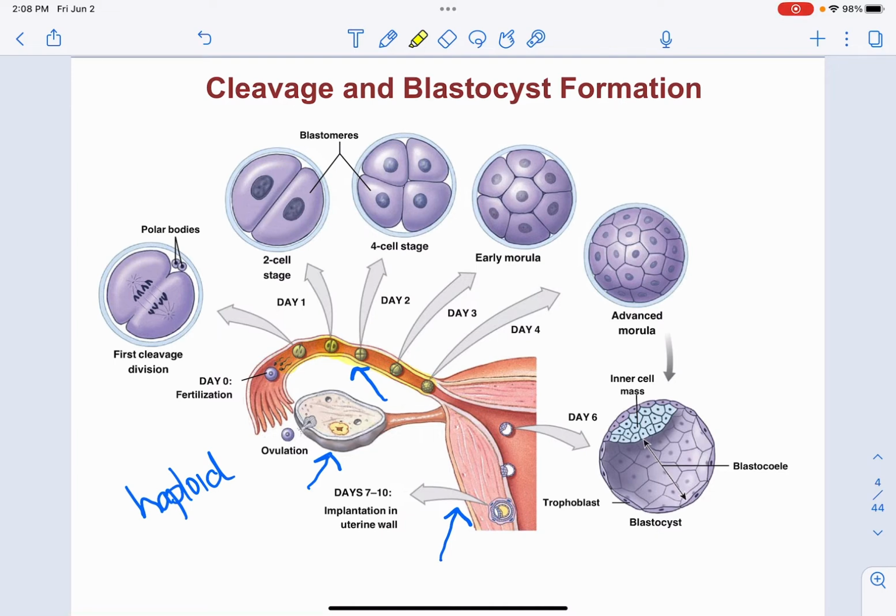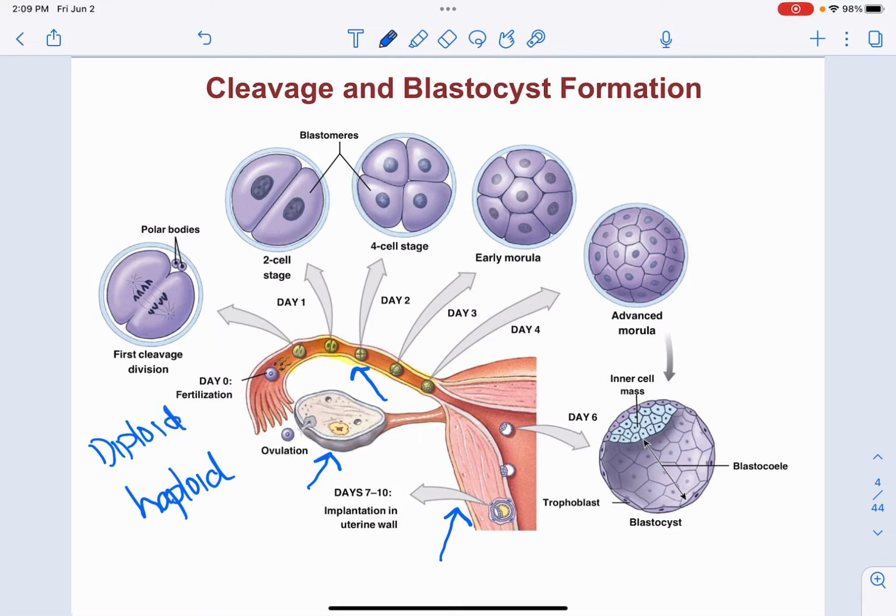So the egg and the sperm combine. Well, they don't really combine as much as the sperm donates its DNA. And the egg is now considered to be diploid because it has both the DNA from the mother and the father.